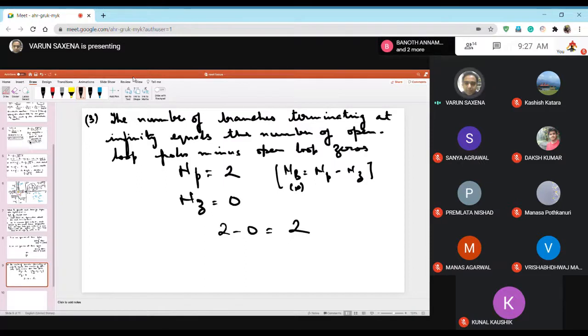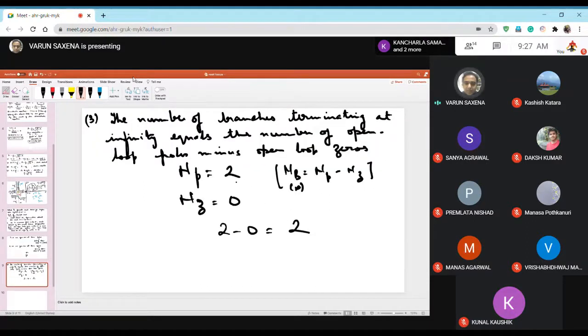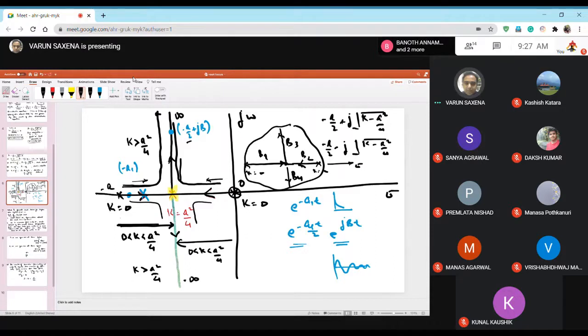If you look at this G(s), there are no zeros, but there are 2 poles. So NP is 2, NZ is 0, so you get a value of 2, and you can see that there are 2 branches that terminate at infinity. One is going up, and one is going down. That is basically what the rule is all about.